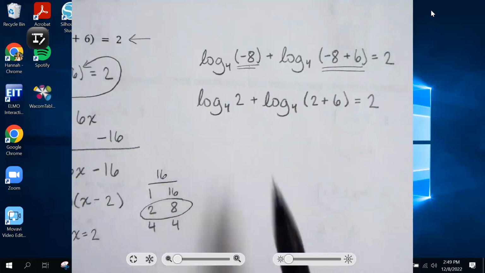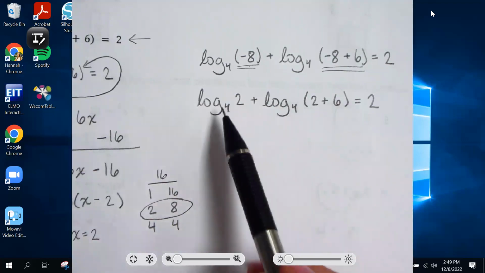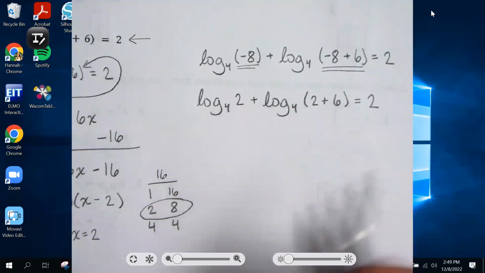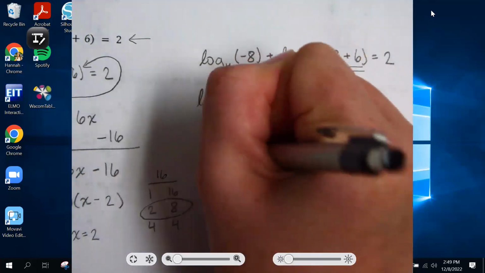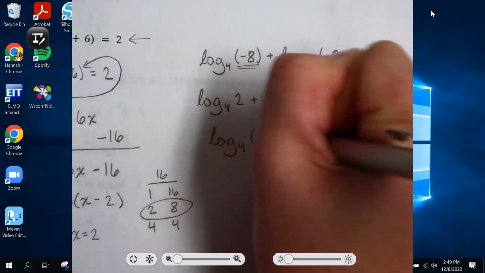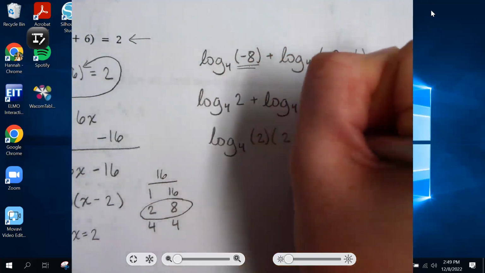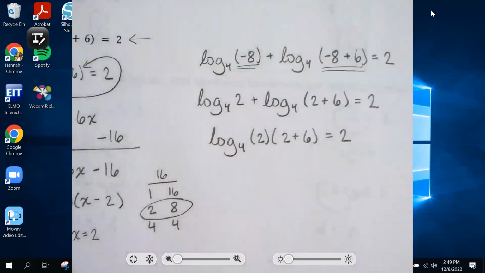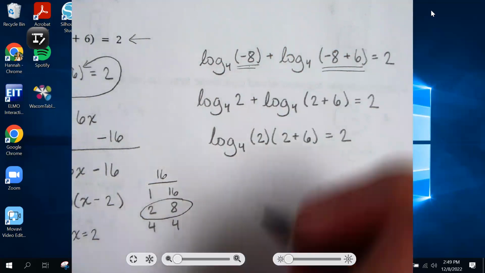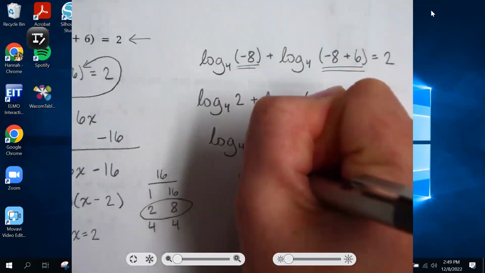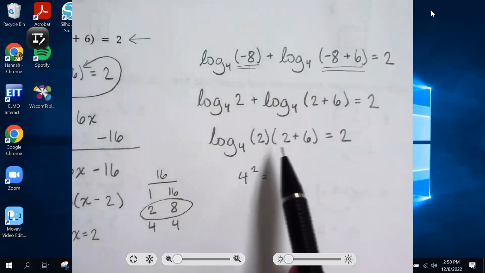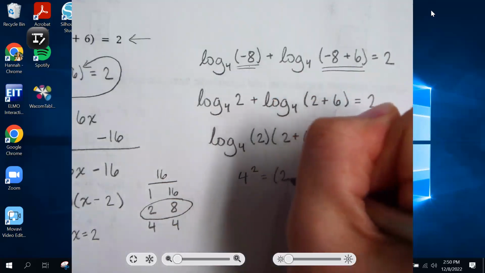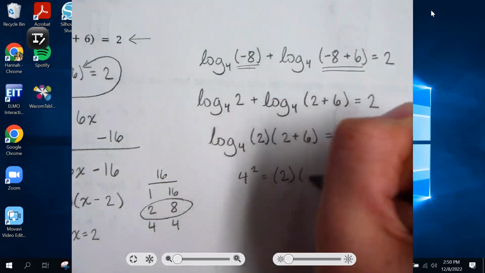The first couple steps in our check will look exactly like when we solved. So combine these two logarithms into one. Log base 4 of 2 times 2 plus 6 equals 2. Then change to exponential form. So 4 squared equals 2 times 2 plus 6, which is 8.